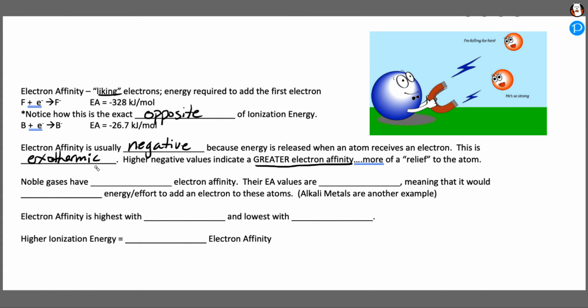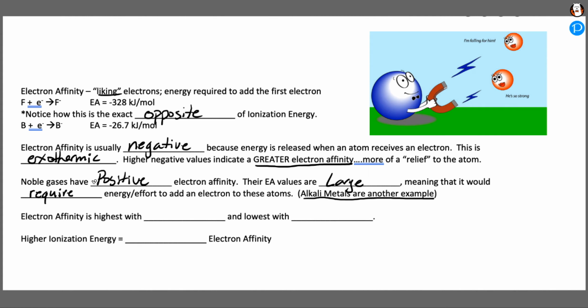Noble gases have positive, they actually have positive electron affinity. Their affinity values are large, meaning that it would actually require energy to add an electron to these. The alkali metals are another example of this, because the noble gases and the alkali metals would much rather get rid of electrons, as we're going to find out.